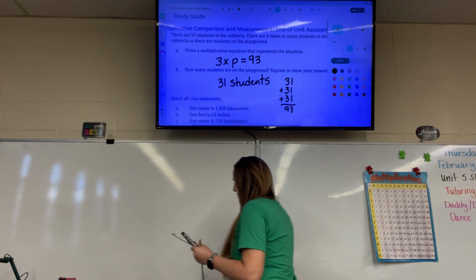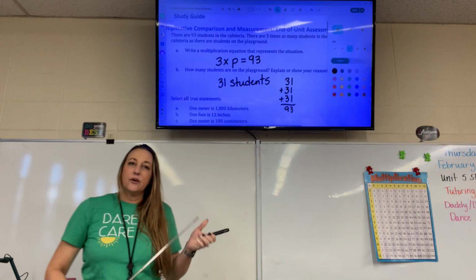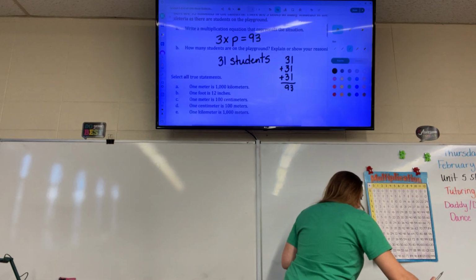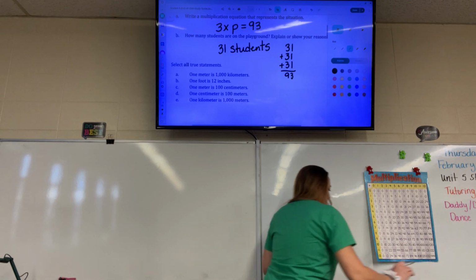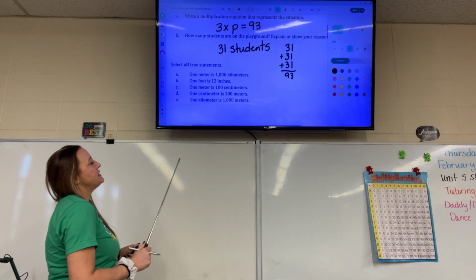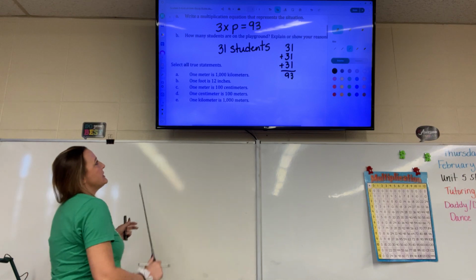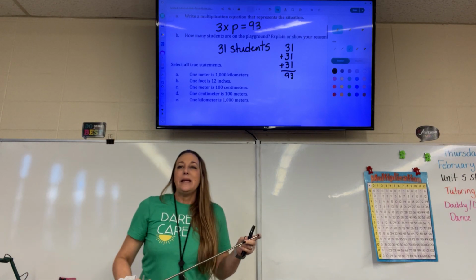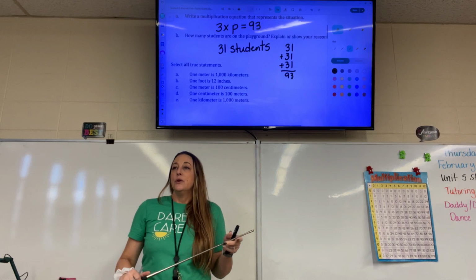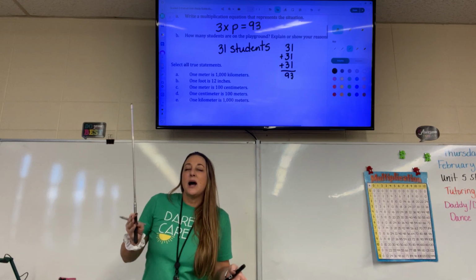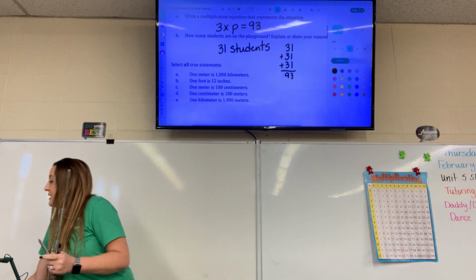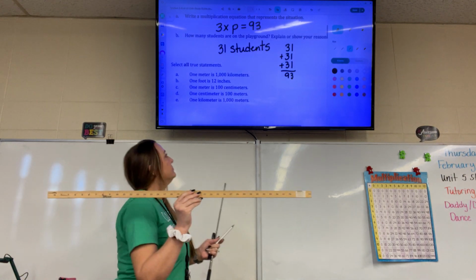Okay, the reason I had you guys get your notebooks out are for these next questions. It says select all true statements. The first one says 1 meter equals 1,000 kilometers. Remember, kilometers are kind of like miles, and this is a meter.